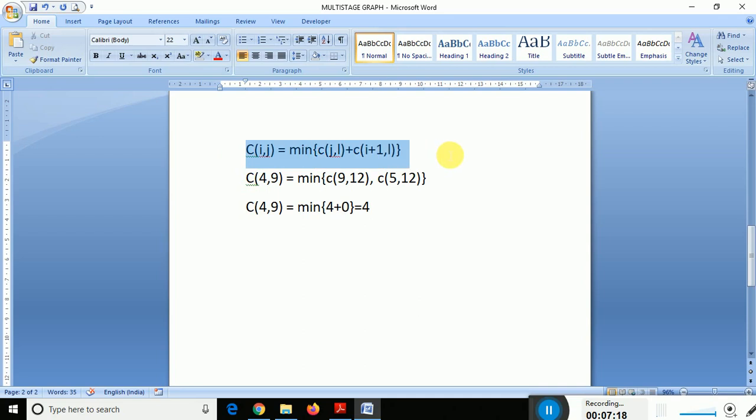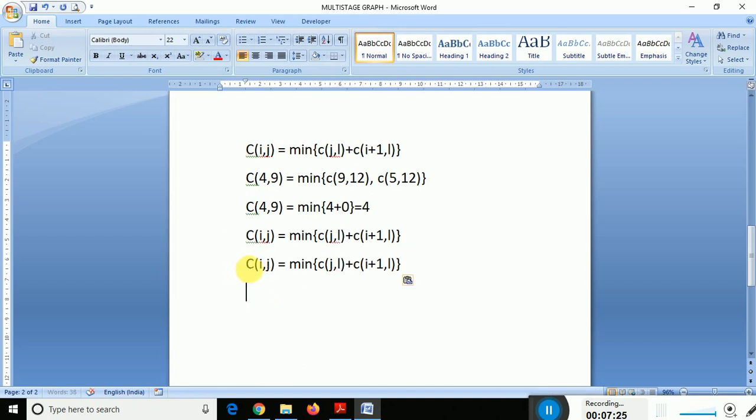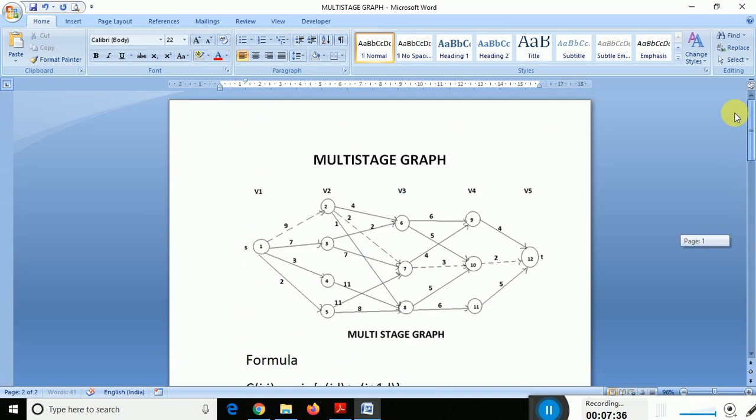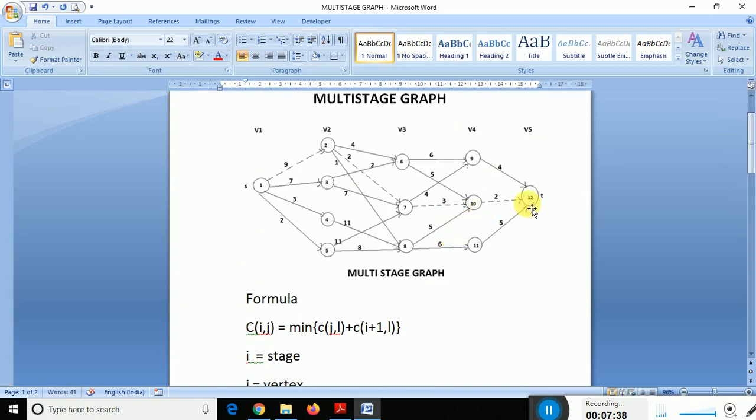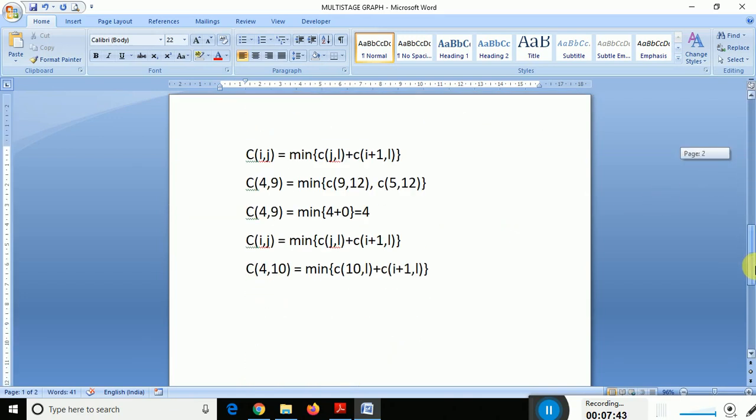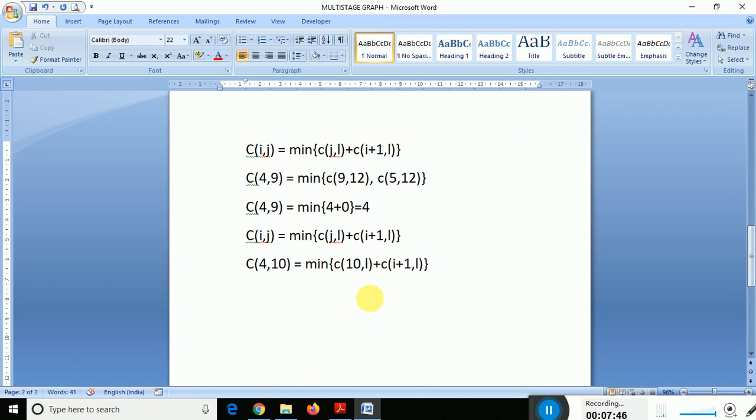That is the same formula, and same thing: instead of I, it is 4, and J is 10, and here J is also 10. Out degree of J is what? Out degree of J is 1, and that is connected to 12. So here you have to put 12, and the I value is 4. 4 plus 1 means 5.